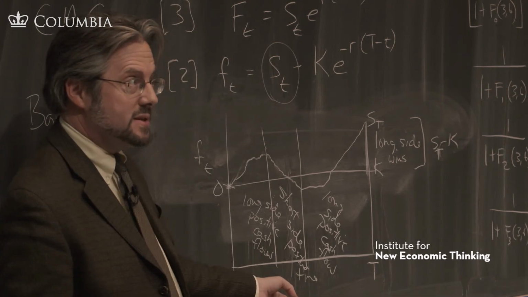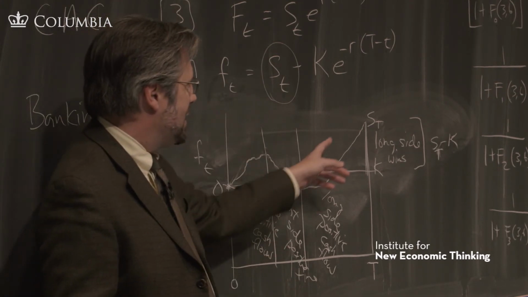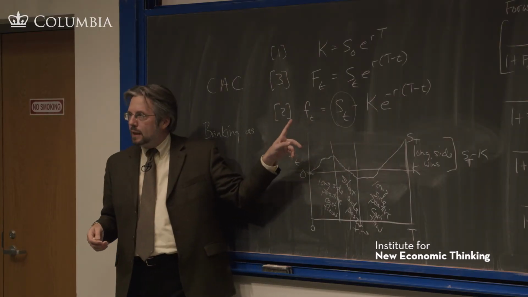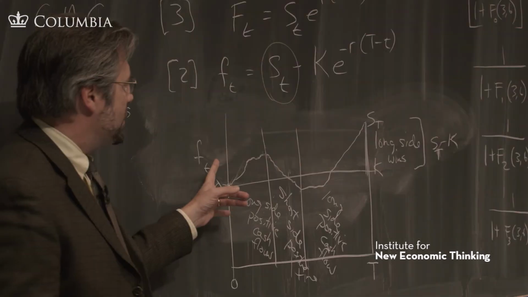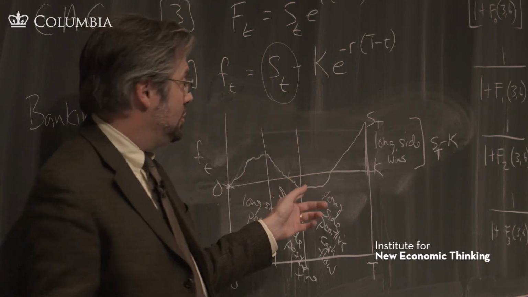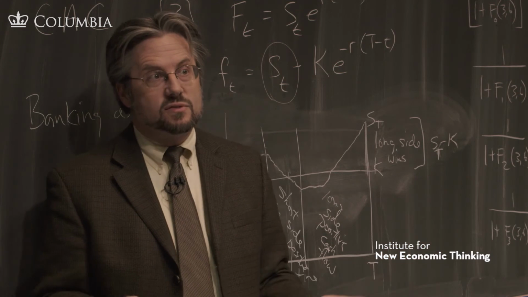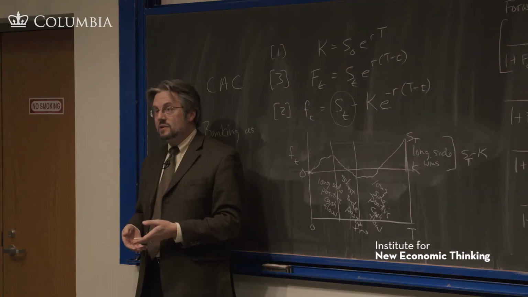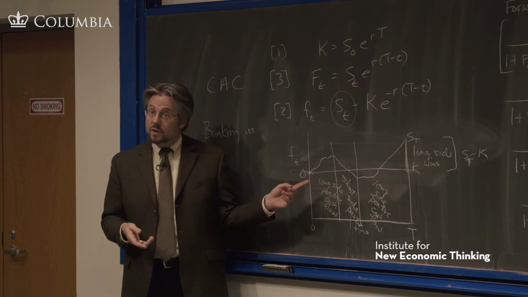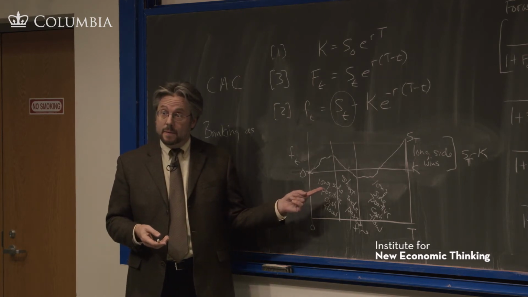There's no particular reason to think that the biggest fluctuation is at the end. The biggest fluctuation could be in the middle. So if you're entering into a futures contract, you have to be prepared to absorb those kinds of cash flow fluctuations. There's liquidity risk involved in a futures contract that is not involved in a forward contract.